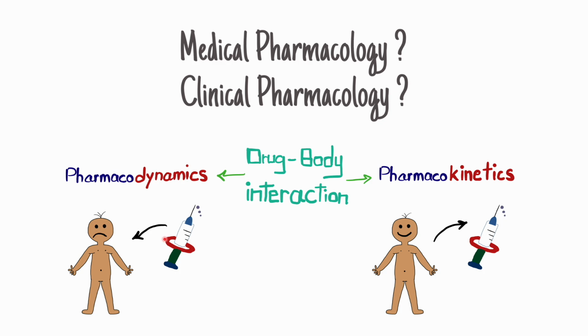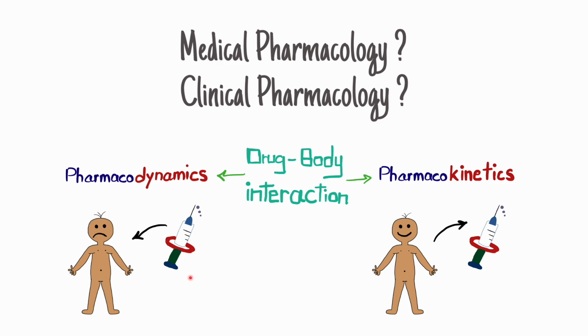The mechanism is how the drug works, to which particle it interacts, to which receptor, which enzyme it inhibits, which enzyme it stimulates, and so on. And the effect is the result of this inhibition, this stimulation, and so on.